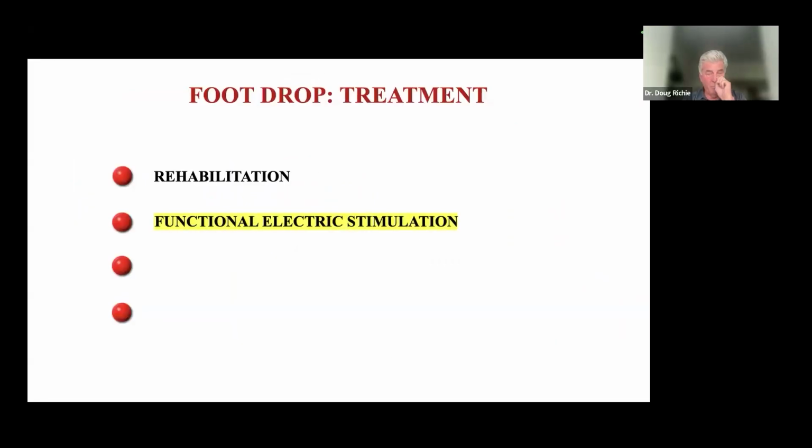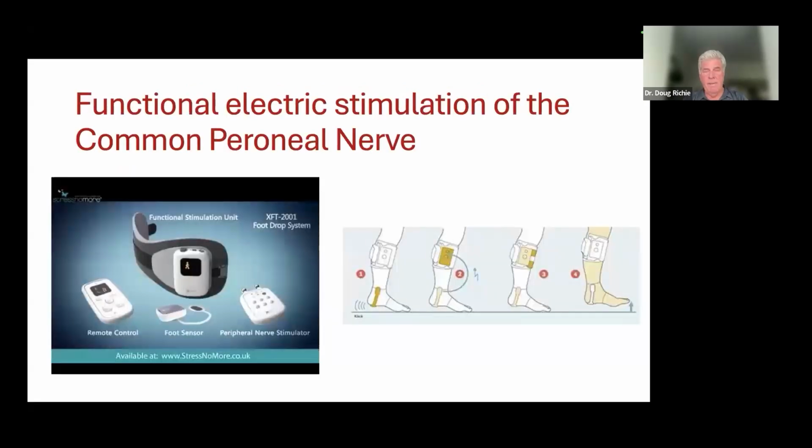An interesting option for patients that many physicians are not aware of is functional electric stimulation. This really came about almost 30 years ago with the onset of an external stimulator placed over the common peroneal nerve, which stimulates that nerve the minute the heel comes off the ground and initiates a firing of the common peroneal nerve for stimulation of the ankle joint dorsiflexors.